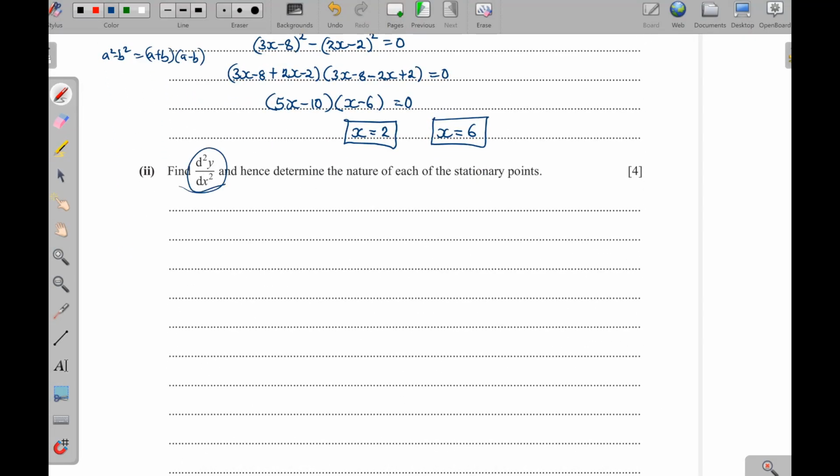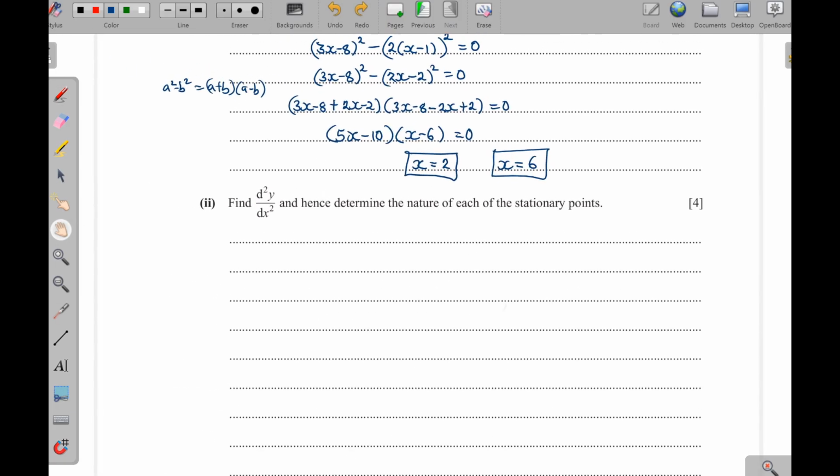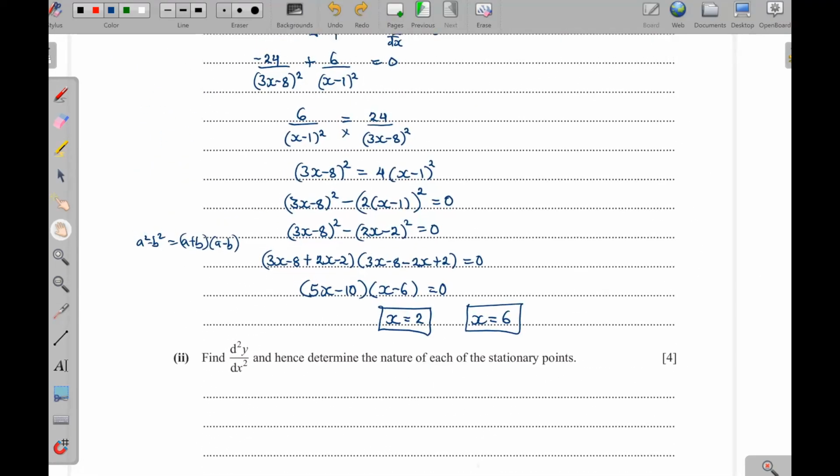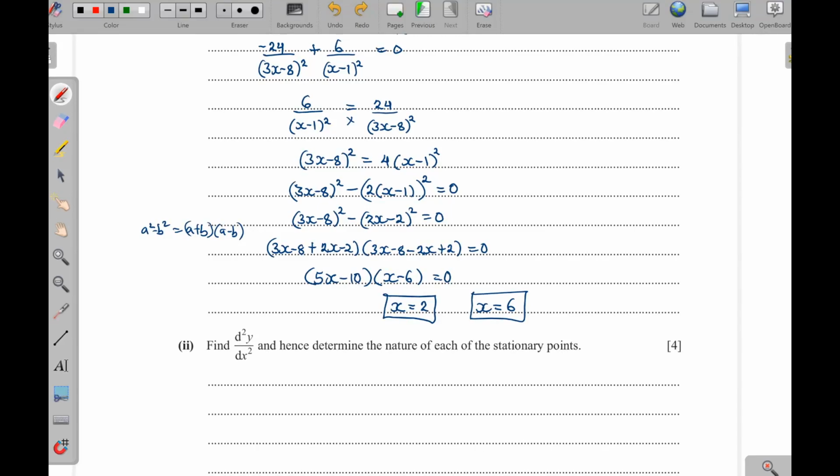Then find the second derivative and hence determine the nature of each of the stationary points. So we have our dy dx here. So dy dx is negative 24, then 3x minus 8 power negative 2, then plus the 6 into x minus 1, then power negative 2.